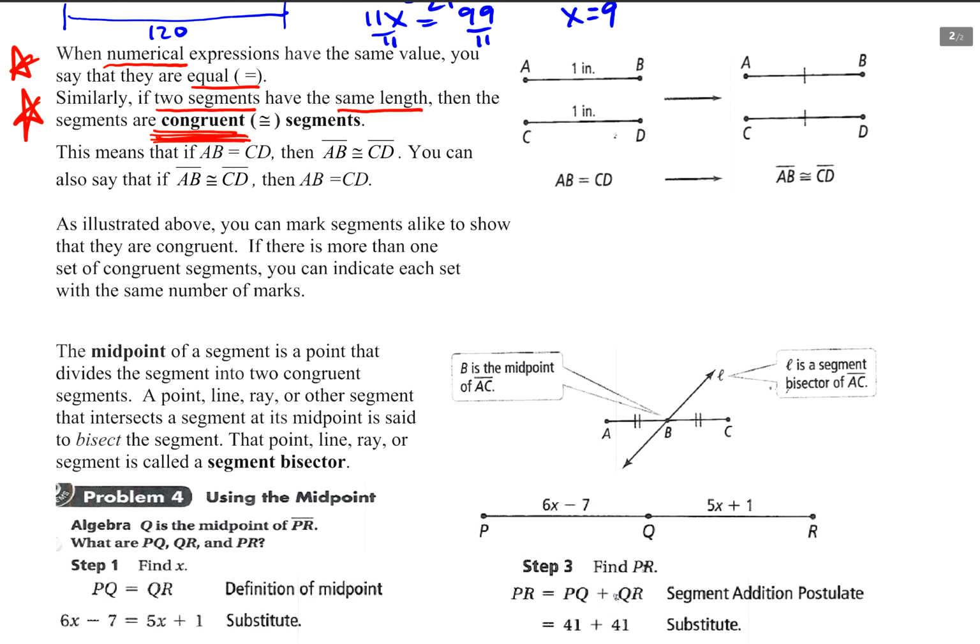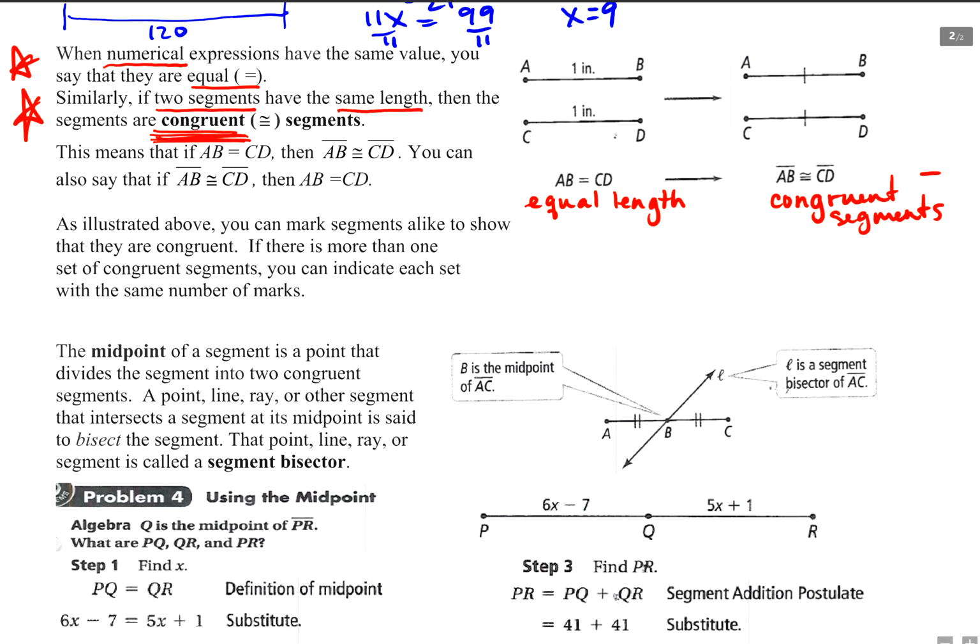So what this tells us is that equal length implies congruent segments. And vice versa. If your segments are congruent, they have equal lengths. If your segments have equal lengths, we can say they are congruent.